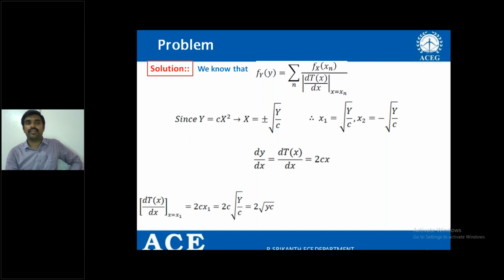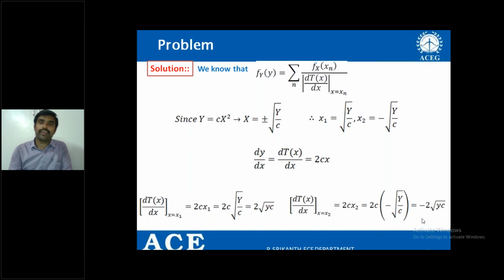So see that dT(x)/dx when x equal to x1 is 2 into c into x1. But what is x1? Under root y by c. Therefore, 2 into c into under root y by c, or 2 root yc. Fine. Am I clear? Next, similarly at x equal to x2, 2c into minus root y by c, or minus 2 under root yc.